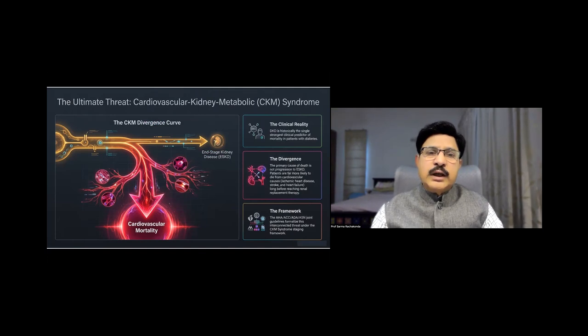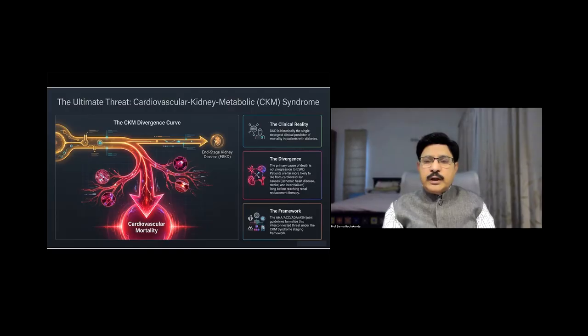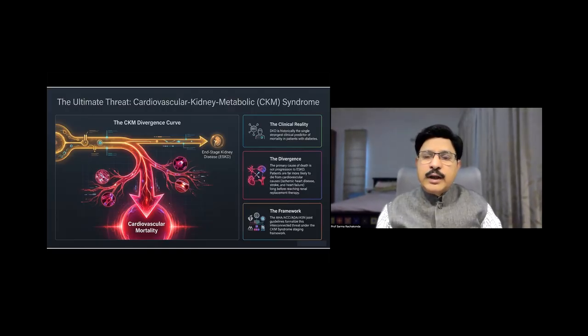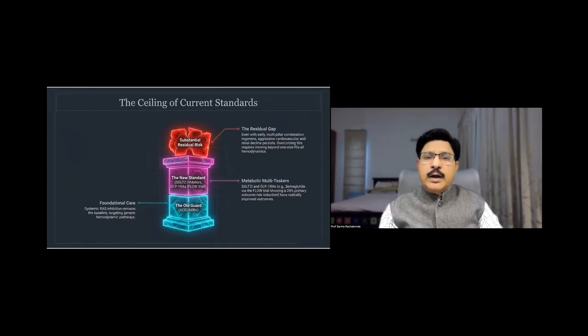Number one, the CKM divergence curve. This is the normal progression, but the majority of patients are now progressing towards cardiovascular mortality. They are diverging from the normal standard trajectory. Now, what do I do? Clinical reality: the divergence, the cardiovascular risk, should be accepted, and then the framework should be in the form of CKM syndrome, that is cardio-kidney syndrome.